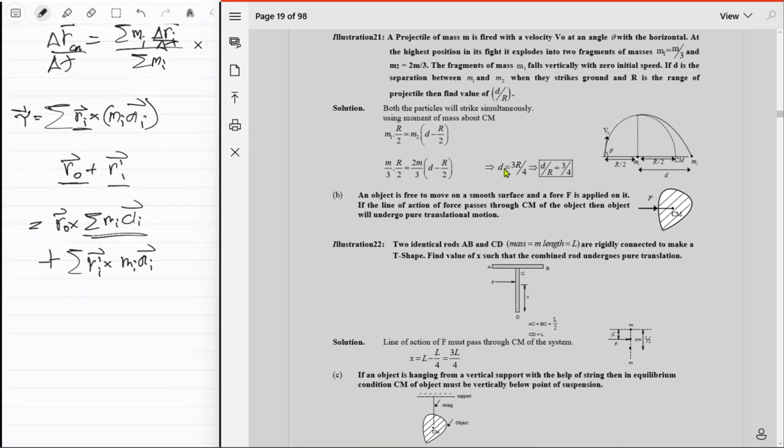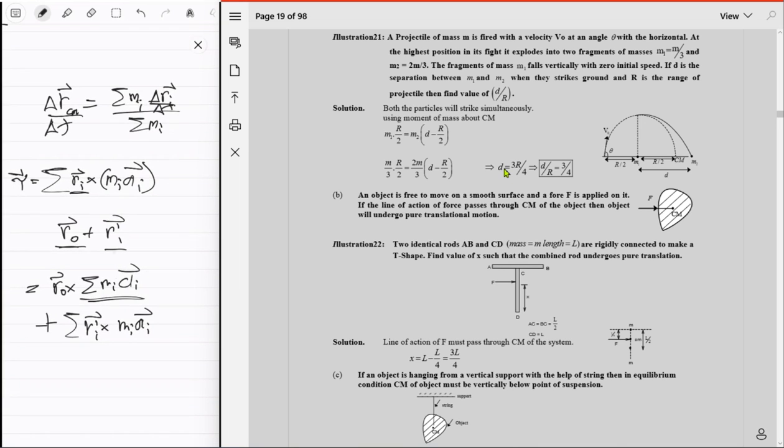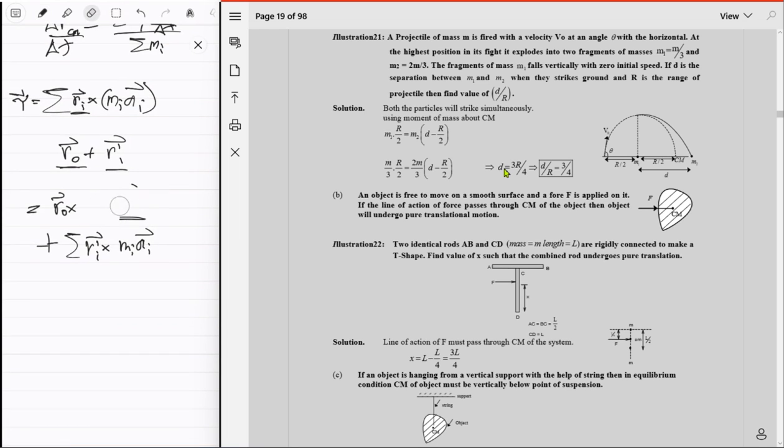You remember, you can write summation of mi times acceleration of center of mass. So it just becomes the force on center of mass, which means it's just the torque of the center of mass, or the torque applied on center of mass about the point O.